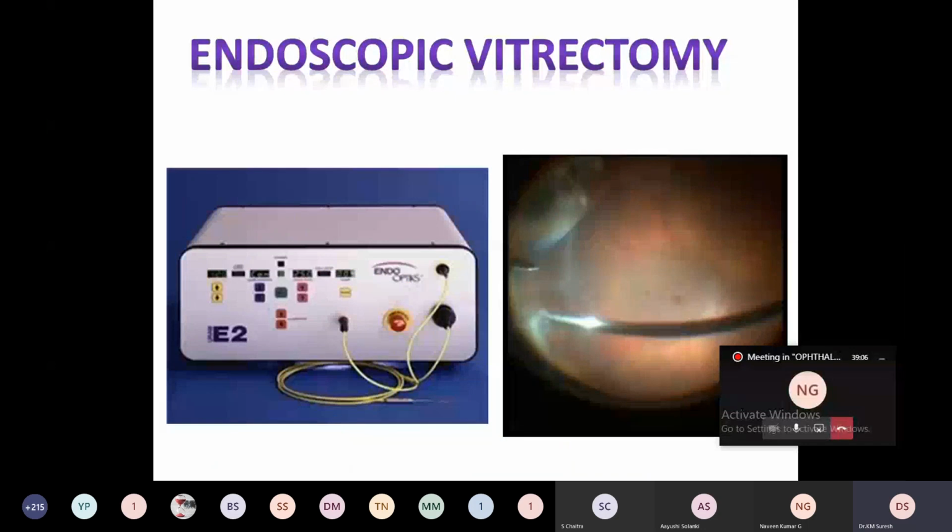If you are asked what is the recent equipment that is used for posterior vitrectomy, you have to mention this equipment, which is nothing but endoscopic vitrectomy. In endoscopic vitrectomy, the console looks like this, as you see in the left part of the picture.